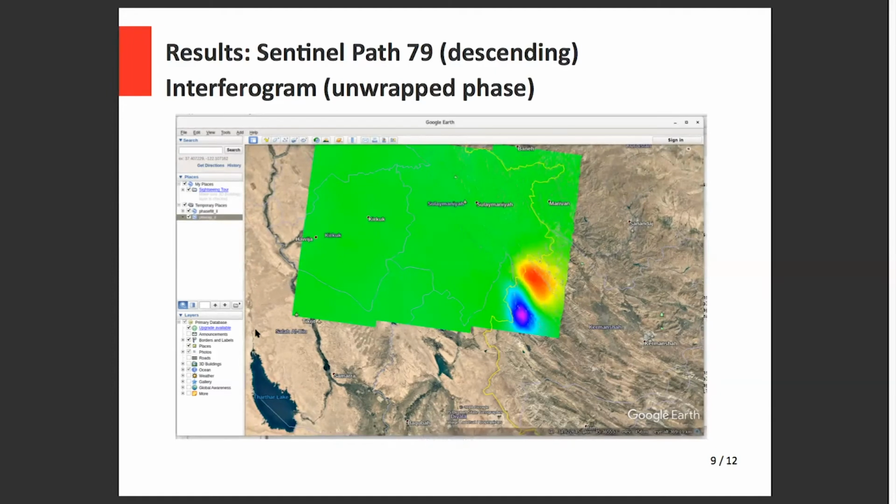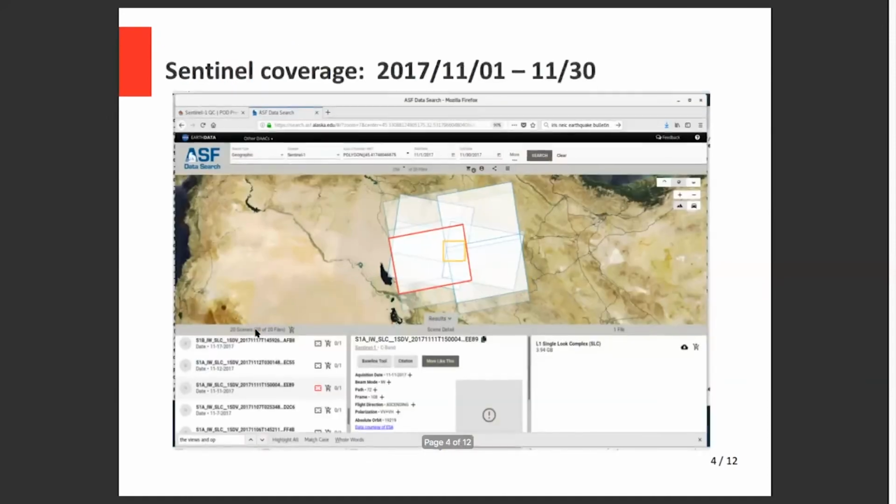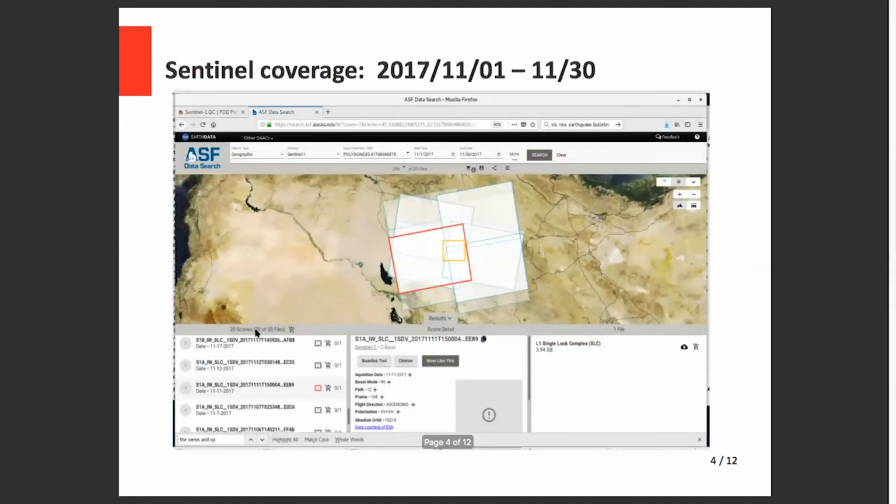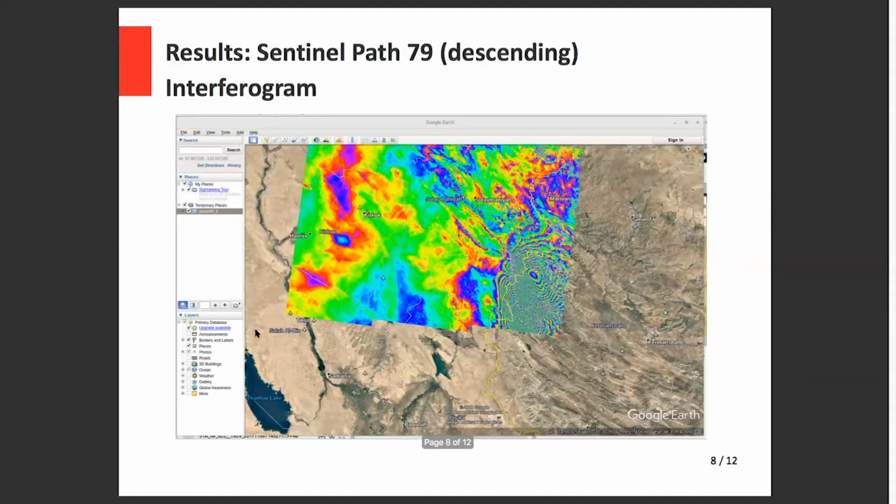We were happy to see this pattern was more consistent. I'm going to go back to the Japanese results. I think this is more consistent with the results on the left, where you can see a down and up static deformation near the earthquake. So there we go.